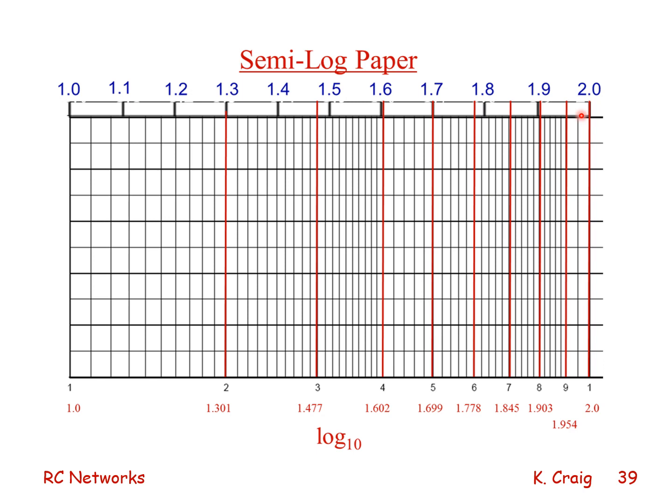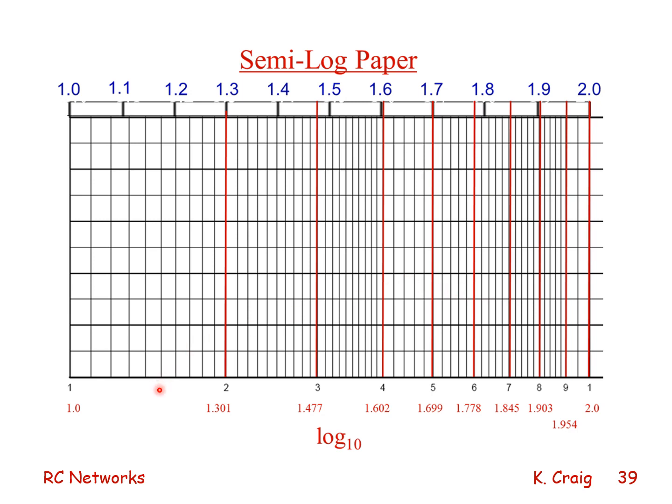So if I wanted to take the numbers 10 through 100 and plot the log to the base 10 of those numbers, I could do it on a linear scale, or equivalently, I can let the semi-log paper, this is a logarithmic scale in the horizontal axis, take the logarithm for me.